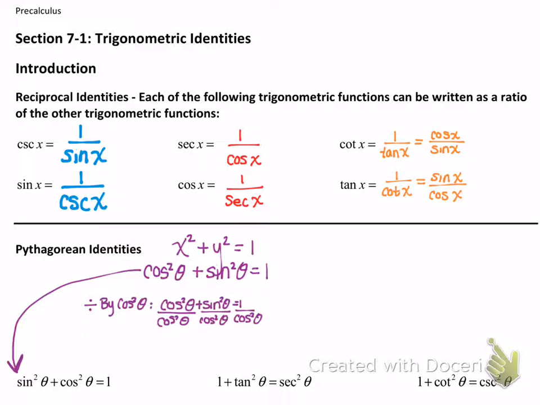So we know that cosine squared theta divided by cosine squared theta is 1. And we know that sine over cosine is tangent, so sine squared divided by cosine squared is tangent squared theta. And we also know that 1 over cosine is secant, so we can say secant squared theta. So we just created another trig identity, and we can create one more.